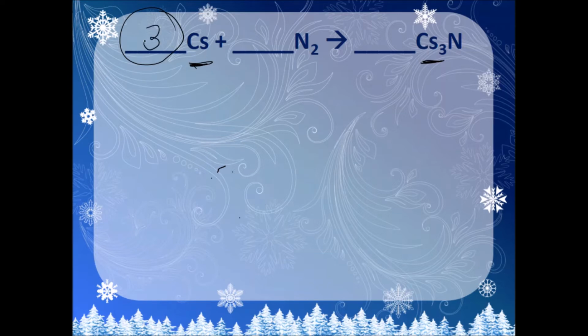I know where you're going, but we're not there yet. You're going to confuse people. How many N's? We don't have enough N's. So what can you multiply this whole thing by in order to have 2 N's as well?